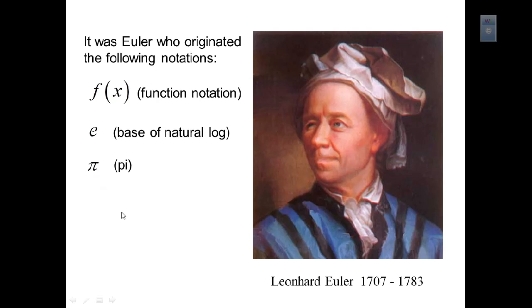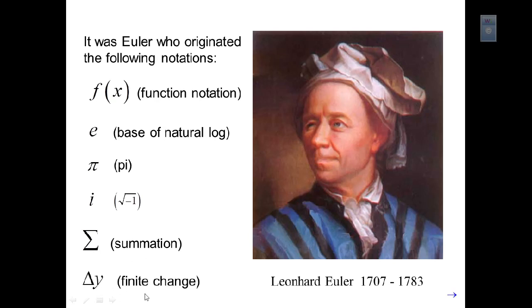That's where pi comes from, by the way, in case you didn't know it. i, the imaginary number, the square root of -1. The summation notation, and the delta y, the finite change. So he came up with notation for all of these.